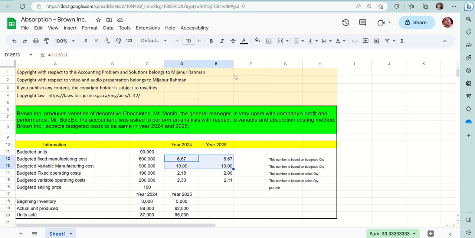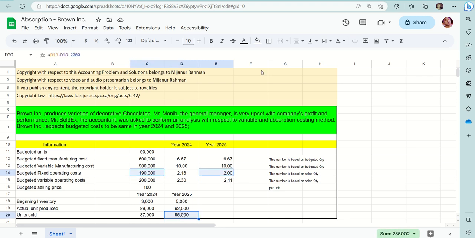These two numbers in our example are the same. It didn't change, but if the information was different for 2025, then this number may not be exact. We divided 190,000 by 95,000. That gave us $2 right over here. I'm going to highlight the cells.